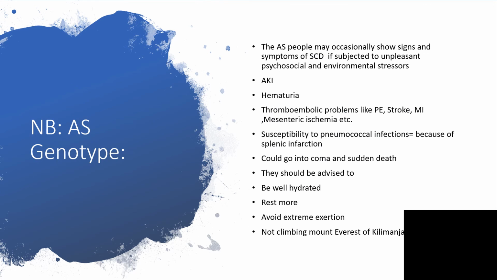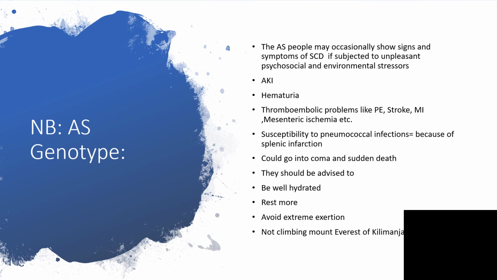The AS people may occasionally exhibit signs and symptoms of sickle cell disease if they are subjected to unpleasant psychosocial and environmental stressors. In other words, they are expected to be asymptomatic, that is, AS people, carriers or people with the trait.